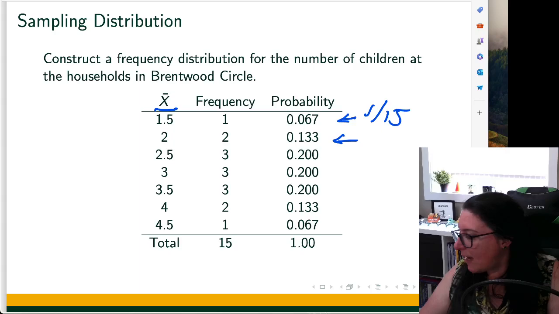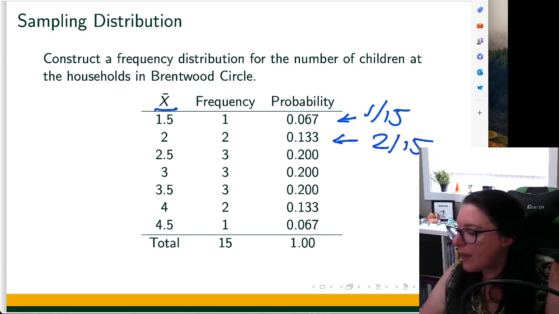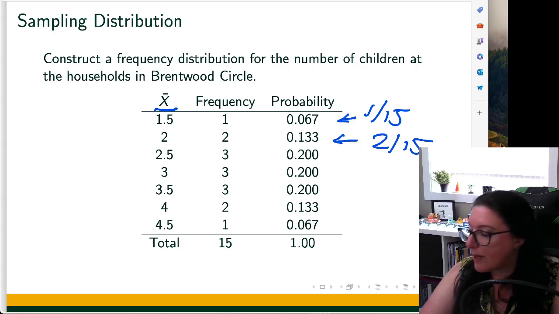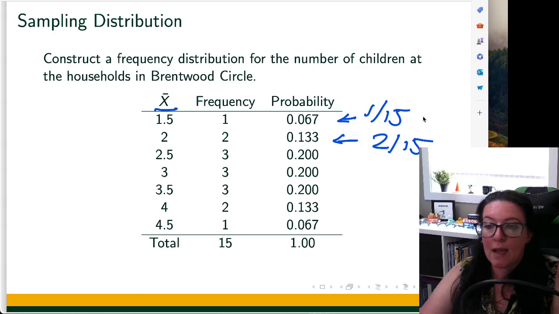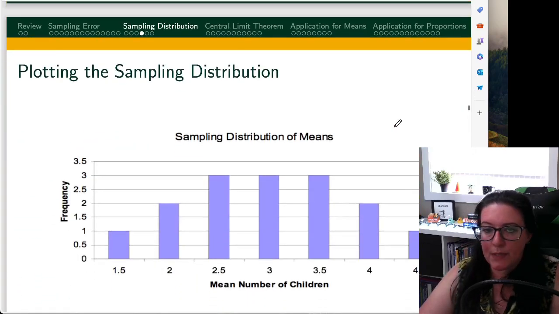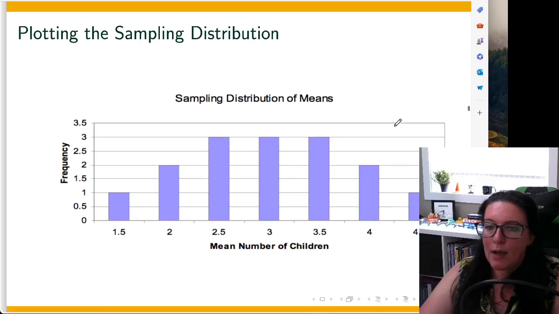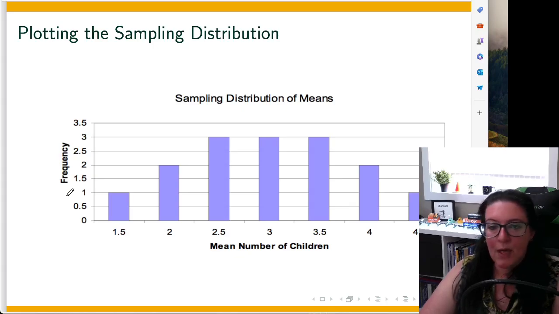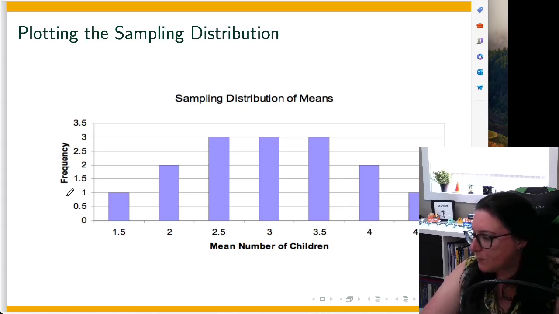And if we take 2 divided by 15, we get 0.133, the probability of having an average of 2. So we're doing just like we did before in our previous videos in terms of creating our probability distribution. So then we plot this probability distribution here, where here is the mean number of children, and here we have our frequency.